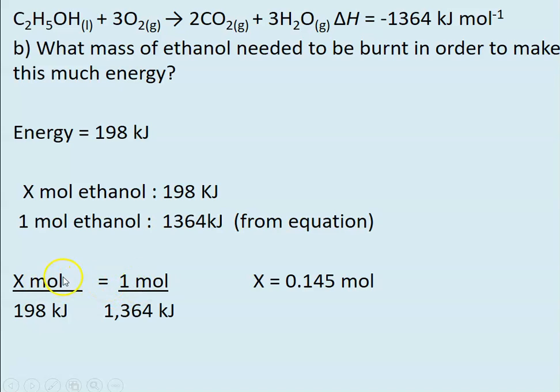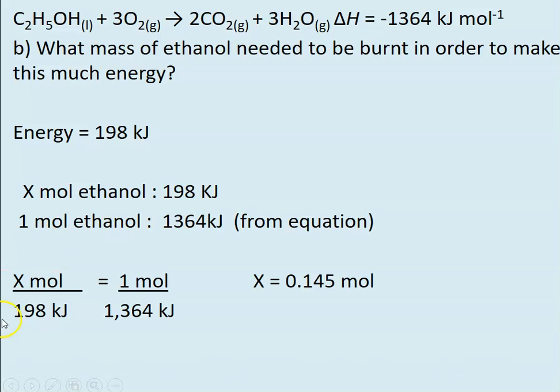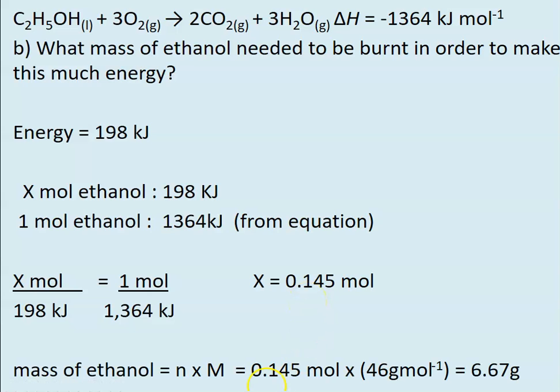So these two have to be the same and these two have to be the same, so that when we take this over the other side, the kilojoules will cancel and we'll be left with the number of moles. Once you've got the number of moles, then you can just convert that into the mass. So that's how many grams of ethanol you would have to burn to get 198 kilojoules if all of it was trapped in the water and the pot.